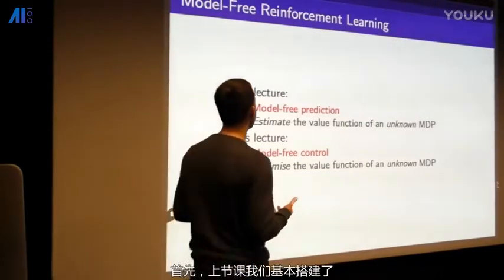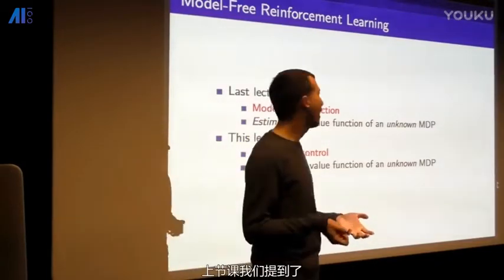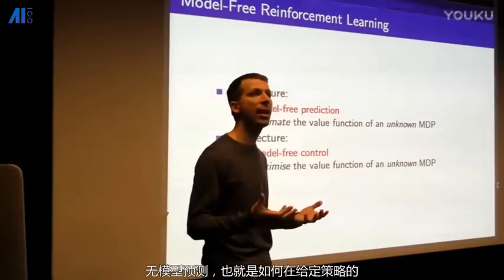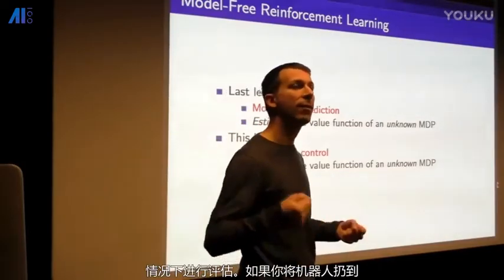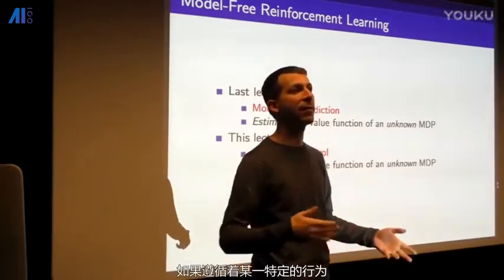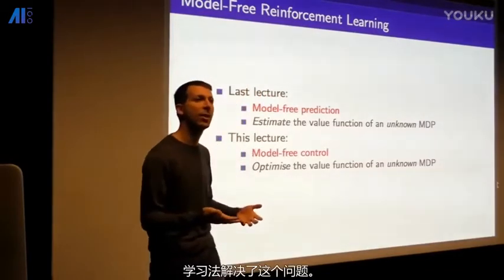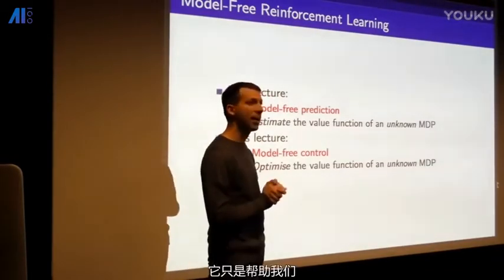So how are we going to do that? Well, last lecture we built up the toolkit that we're going to need. We saw how to do model-free prediction, how to evaluate a given policy. If you drop your robot into a given MDP and ask it how much reward it will get if it follows a particular behavior, last time we saw how to do that using Monte Carlo evaluation and temporal difference learning.